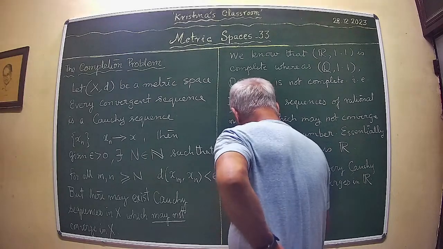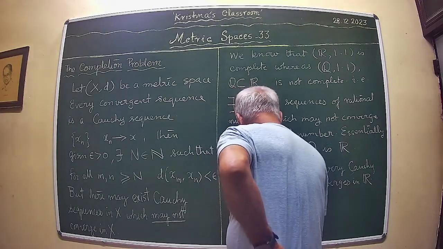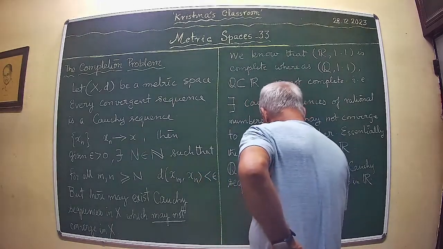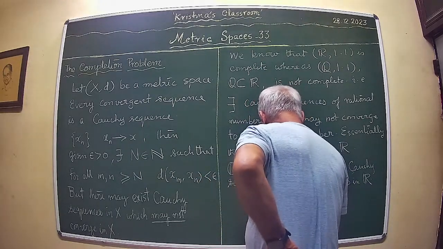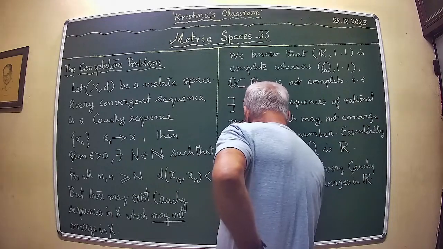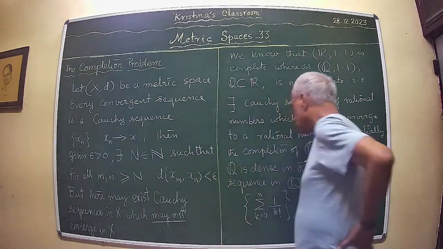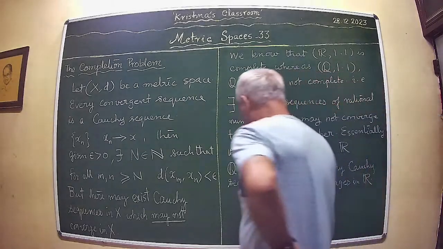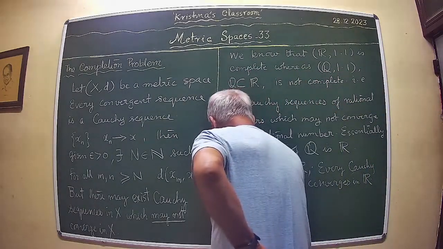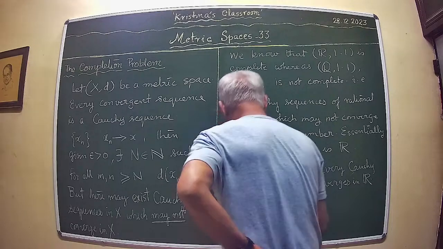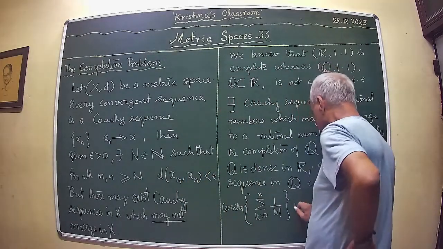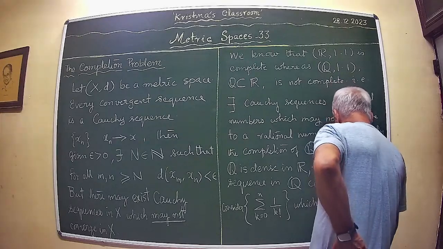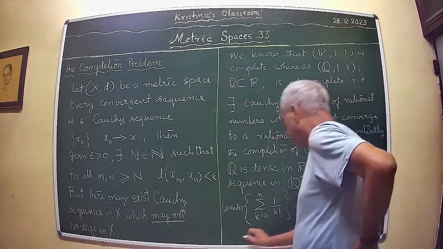Sum over n equal to 0 to infinity, consider the sequence. Which is a sequence of rational numbers.